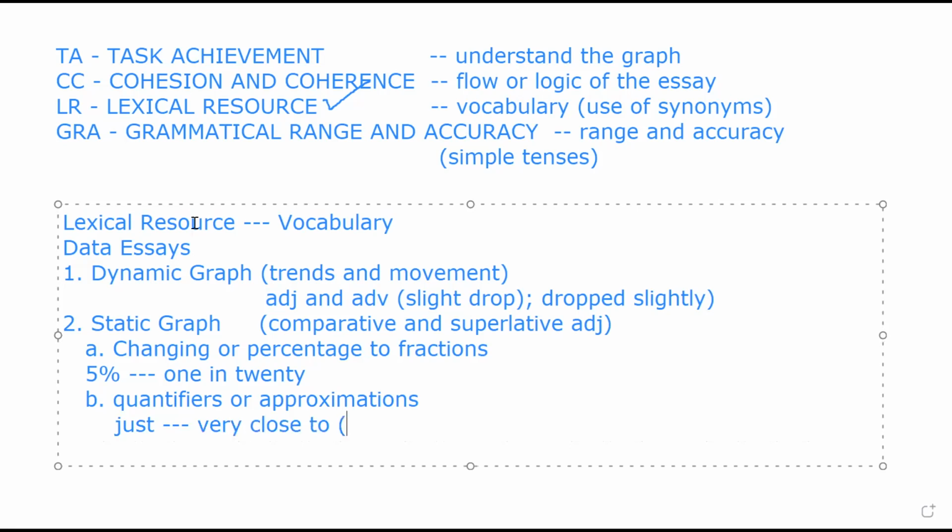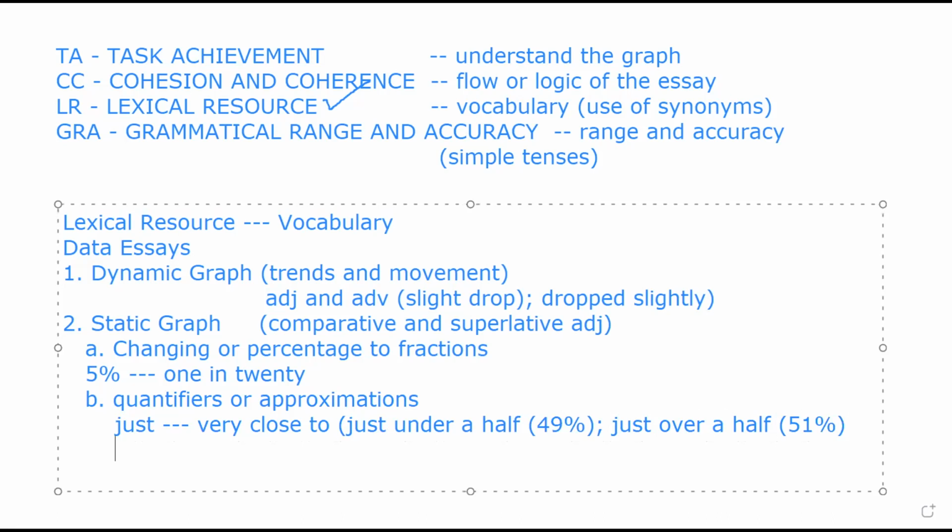For example, just under a half means 49%, or we can say just over a half, which means 51%. We can also use approximately, nearly, close to, etc. So we have other language for quantifiers or approximations.